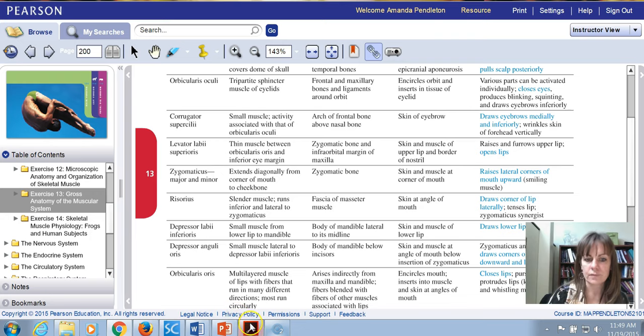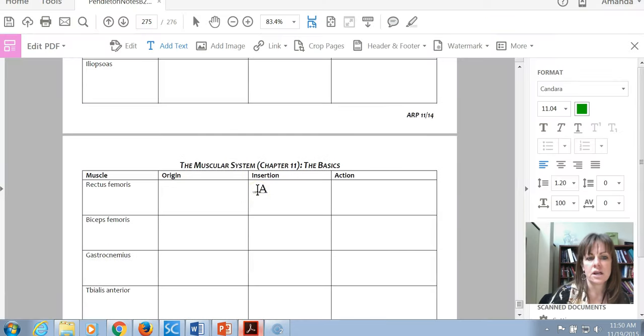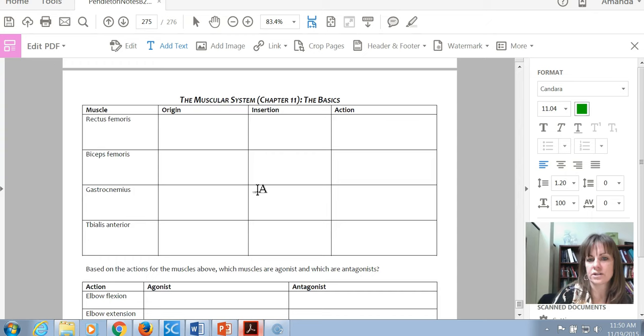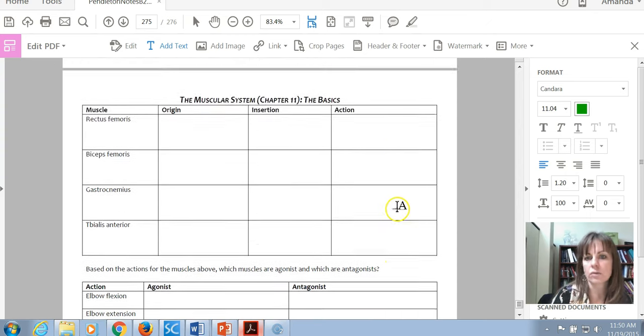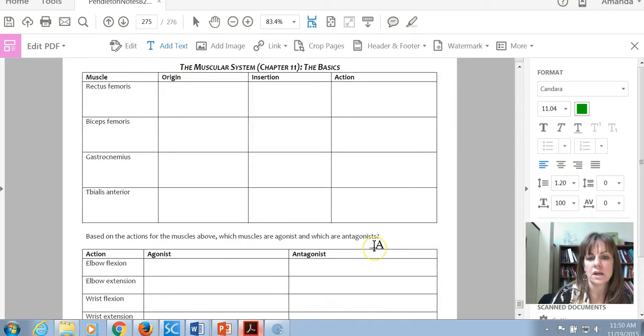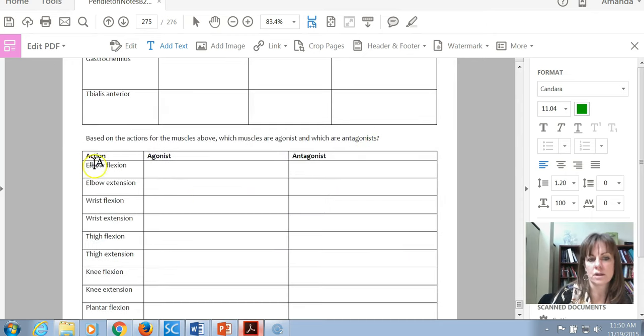Okay? And so that would be my suggestion, is to go through here, find origin, insertion, and action. And then once you found the actions, then look through this action column and say which one is the one that's primarily doing elbow flexion, and put that down. And which one would oppose it? Well, it's probably the one doing extension that would oppose it.